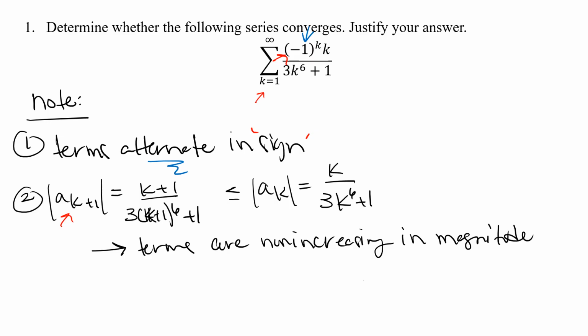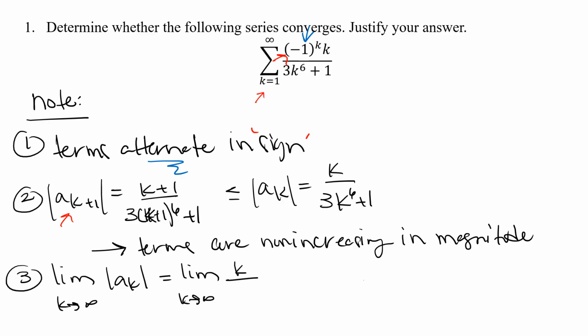And then what else must be true if we're thinking about the alternating series? The limit as our k goes to infinity of the absolute value of our series, so the limit as k goes to infinity of k over 3k to the 6 plus 1, okay?